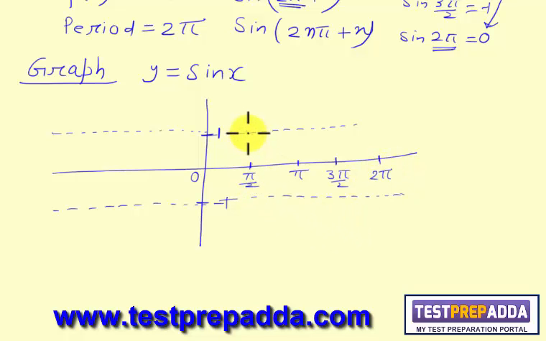At pi by 2, the value is maximum. At pi, the value is 0. At 0 also it is 0. At 3 pi by 2, the value is minimum. At 2 pi, the value is 0. So from 0 to pi by 2, it is increasing.